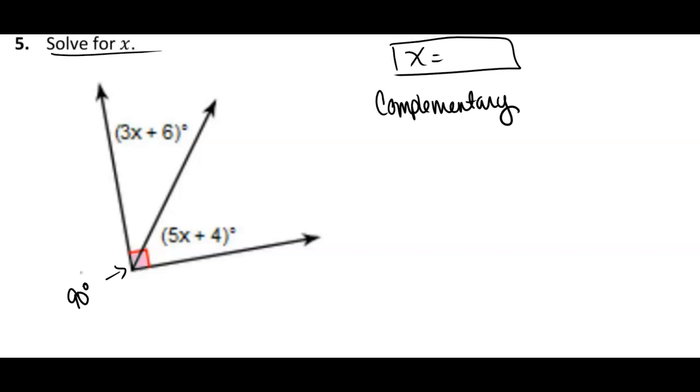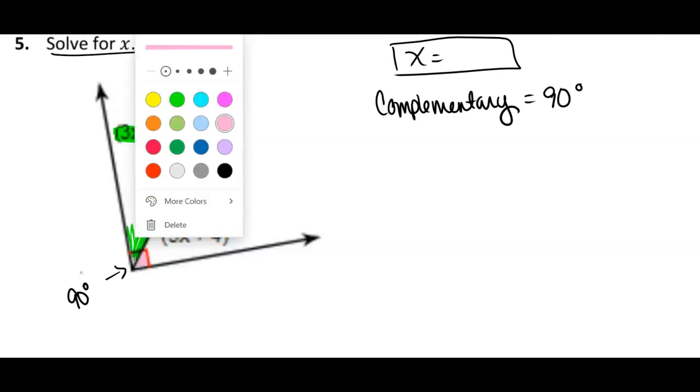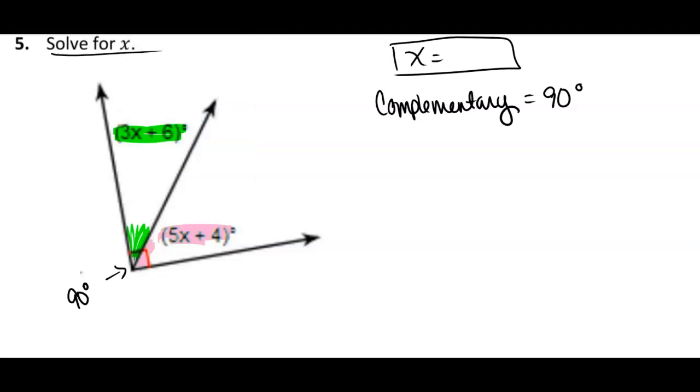So those complementary angles mean that if we add those two small angles together, we get a total of 90 degrees. So we're going to get this expression that represents this angle, and we're going to add it to this expression that represents this angle. So we've got 3x plus 6 plus 5x plus 4 is equal to 90 degrees.